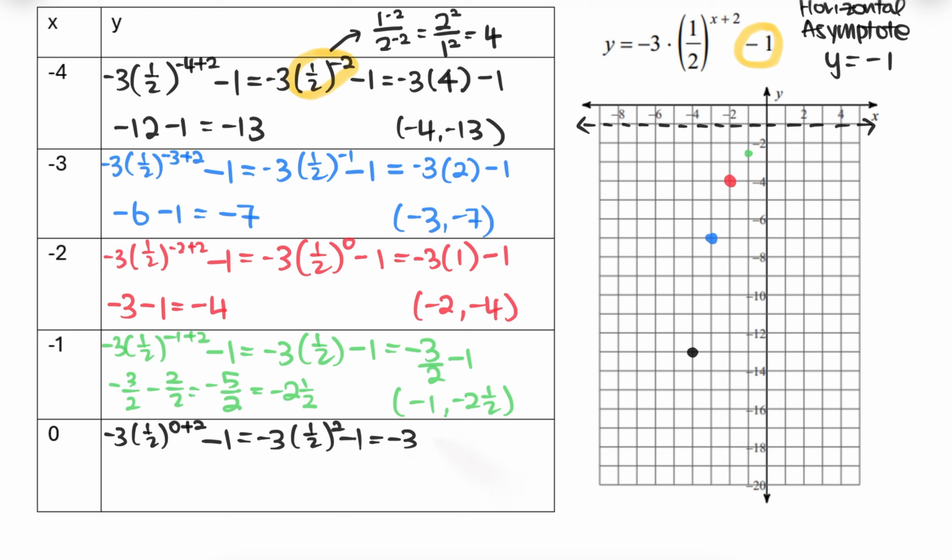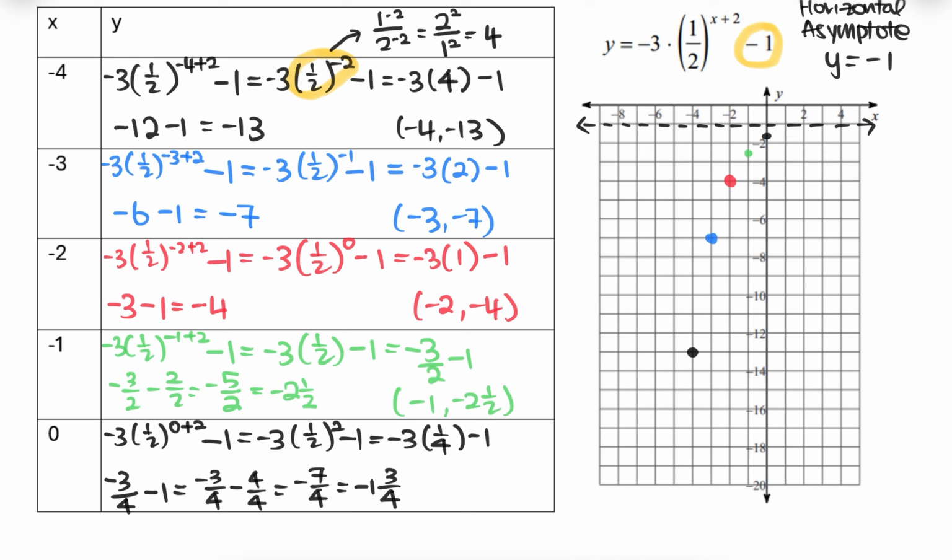So -3 times 1/4 minus 1. Now this is going to give me -3 over 4 minus 1. And like I said, when you're adding or subtracting fractions, you need a common denominator. So we have -3/4 minus 4 over 4, and you're going to have -7 over 4. If you change this into a mixed number, you're going to have -1 and 3/4. So (0, -1 and 3/4) is about right here.